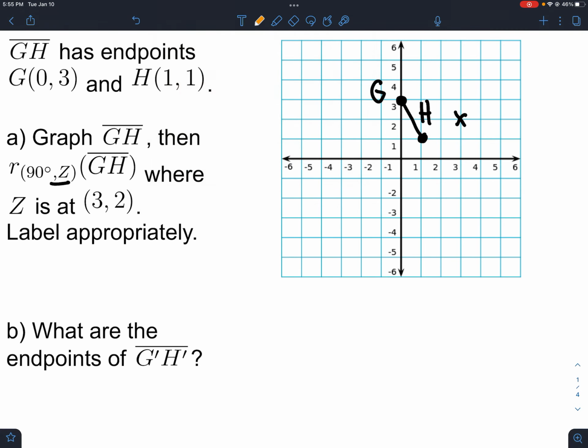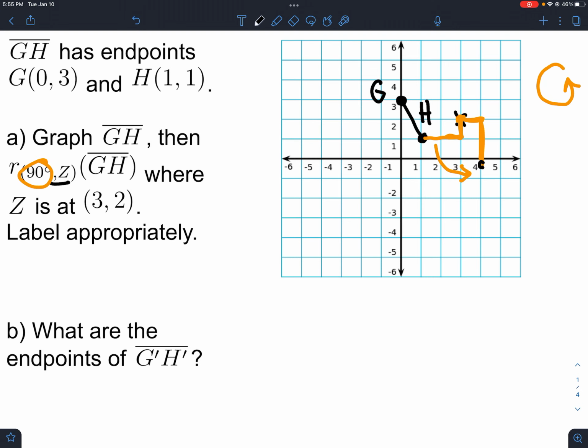Well, you can't rely on the rules because this is a new rotation point. But we can still do that L shape, but it's just going to originate from that X. So we're just rotating 90 degrees, which, remember, we go like this way when we spin. That is counterclockwise. So I want to take that L and I want to spin him just a little bit that way, a quarter turn.